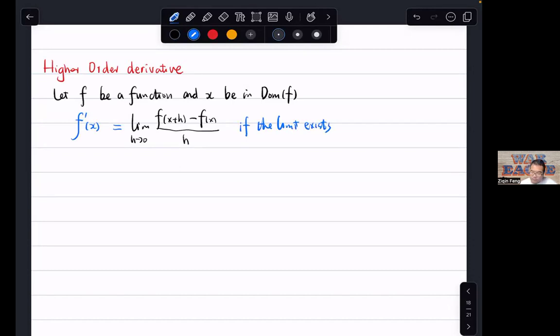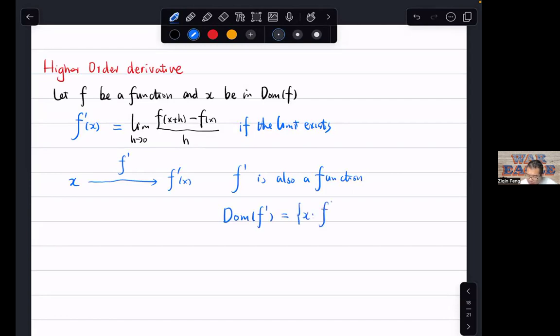So for any x, if the derivative exists, you apply our new function f prime, you get f prime of x. So f prime is also a function. The domain of f prime equals all the x such that f prime of x exists.